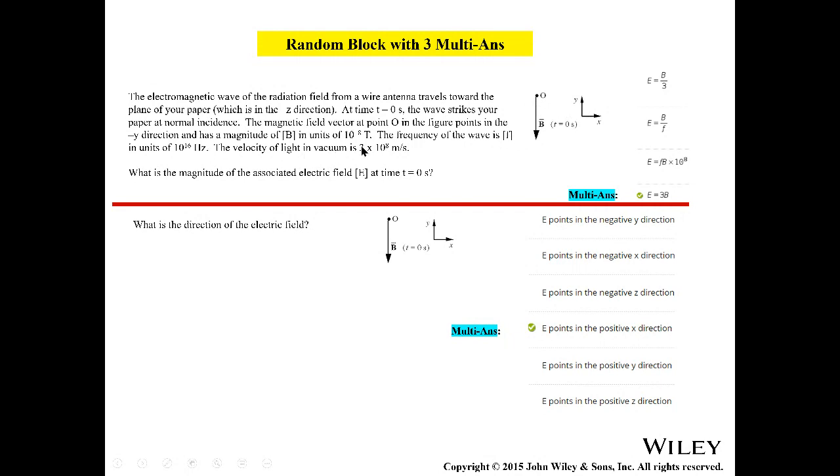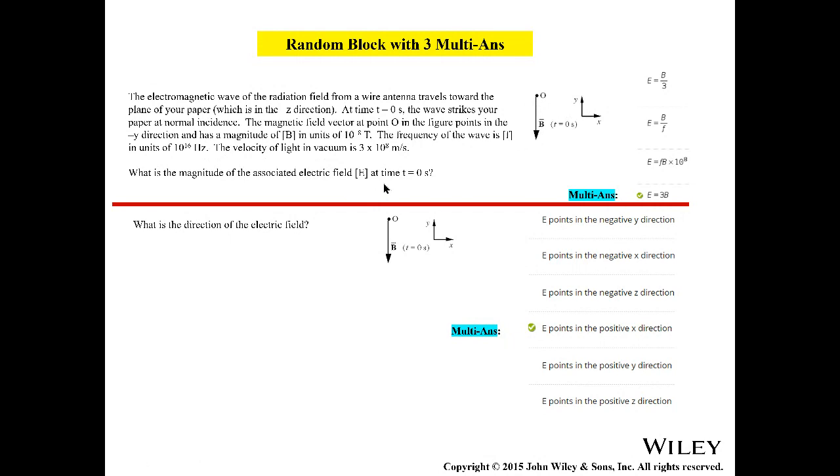The velocity of light in vacuum is 3 times 10 to the 8. Oh, this one is 10 to the minus 8, and this one is 10 to the 8. And the question is, what is the magnitude of the associated electric field? You have to remember, in your PowerPoint or in your Wiley Plus book, that in vacuum the electric and magnetic fields are coordinated.